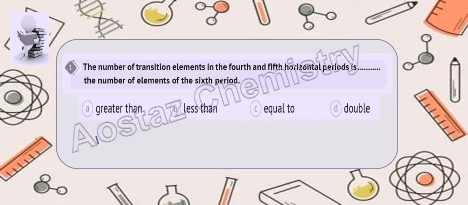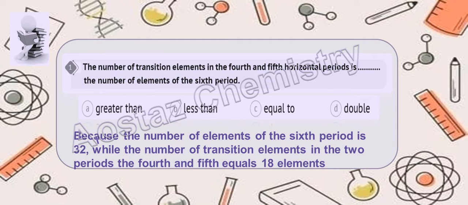If we make a comparison between them, we will find that in the sixth period we have a great number of elements, 32 elements, but the number of transition elements in the fourth and fifth periods is only 18 elements.